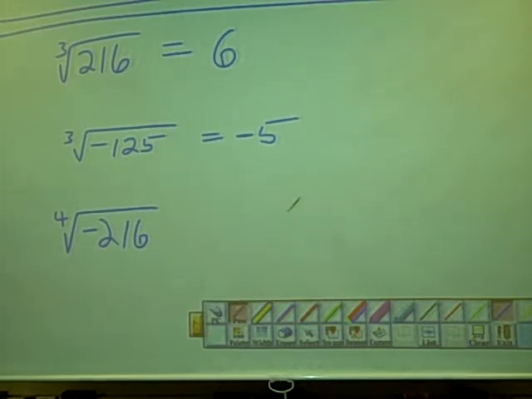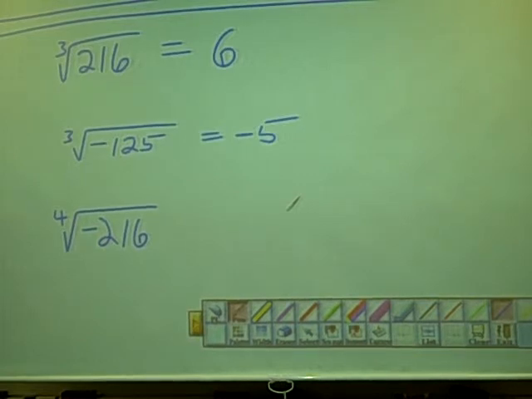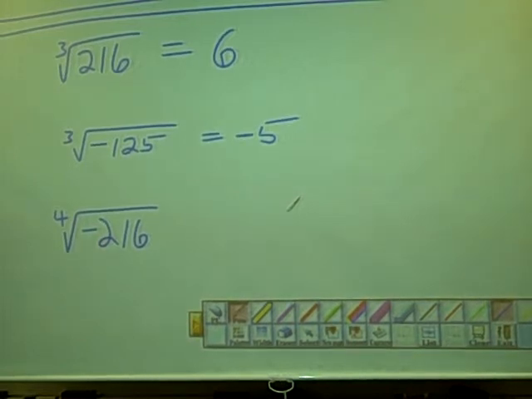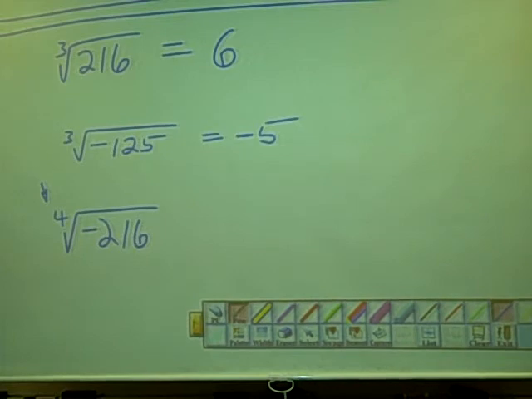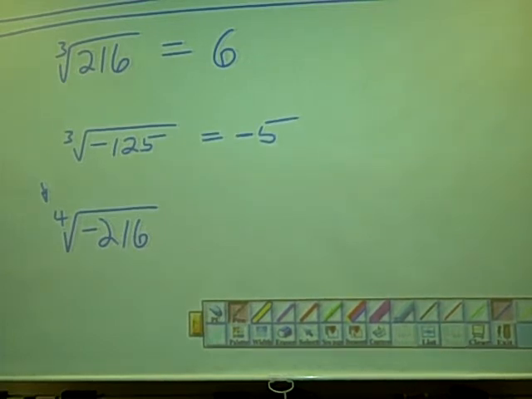How about that? Negative 6? No, it's the 4th root. So, can we say something times something 4 times? We can't, right?